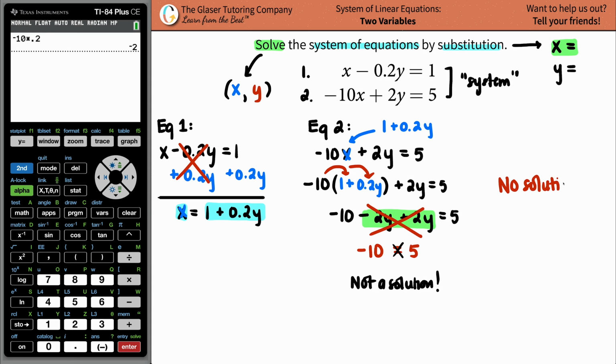And sometimes that might happen. There have been a lot of tests in my academic career where they would throw you some trick questions, in math and in other classes, where the answer is no solution. So in this case, we tried to solve, but there's no solution because they don't cross paths.